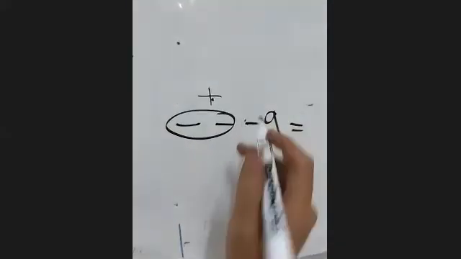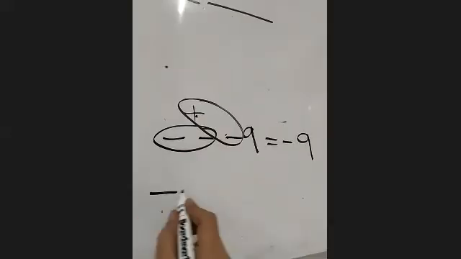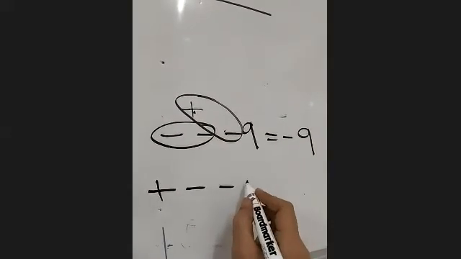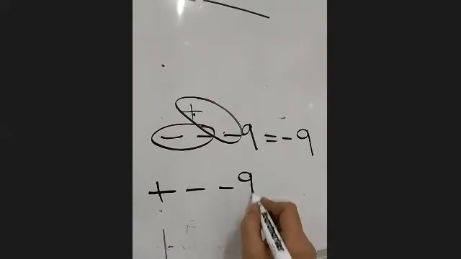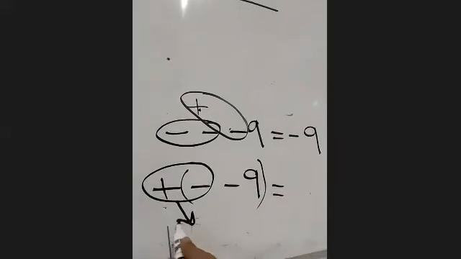Positive with negative from the square which we wrote is negative 9. Then we put the positive and the negative first, and it will be negative.